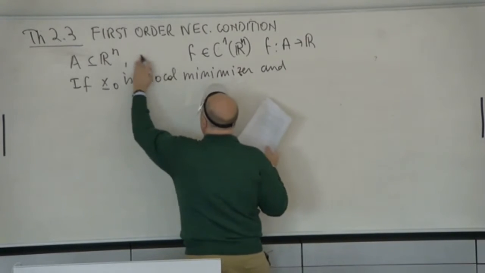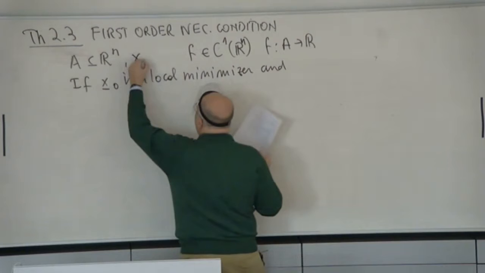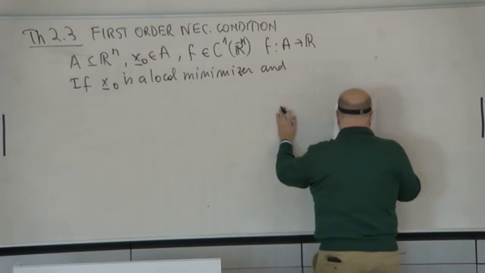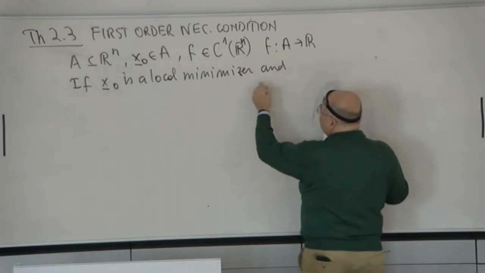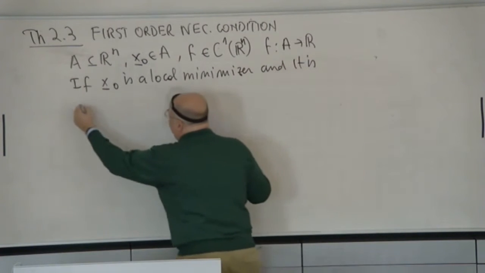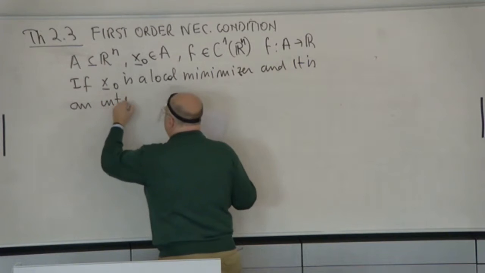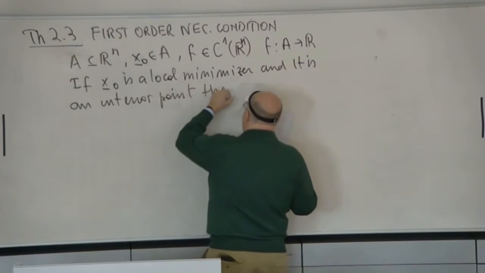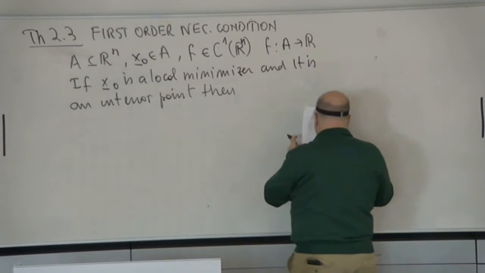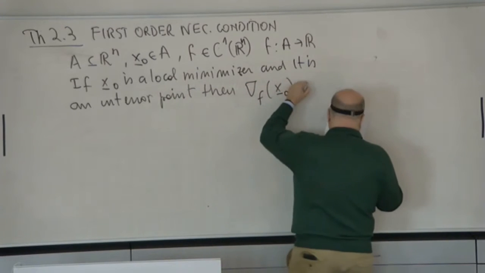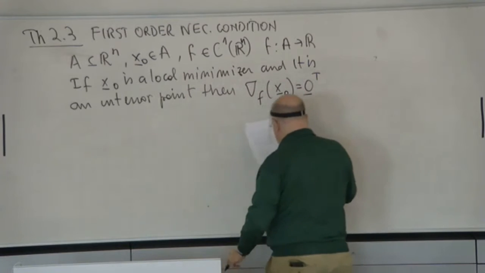I didn't say this in the theorem. I just said that x0 is a point in A, and that's the reason why the wording is slightly different. So x0 is a local minimizer, and it is an interior point. Then the gradient of F at x0 is 0 transpose, of course.